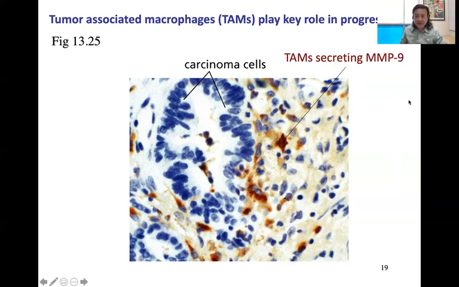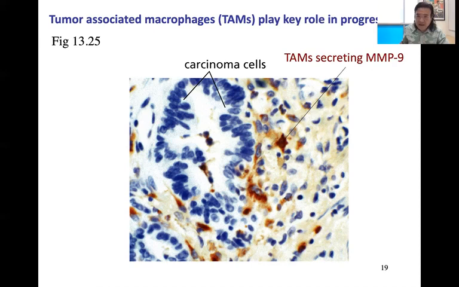In this case over here, you can see carcinoma cells in blue, and the surrounding tissue is stained in brown, because what they're staining for is the matrix metalloproteinase 9 enzyme that is being secreted by these macrophages, these immune cells that have been attracted by the tumor through different types of wound healing signals that the tumor is giving off.